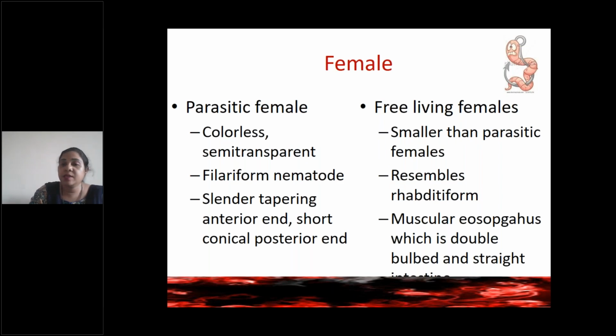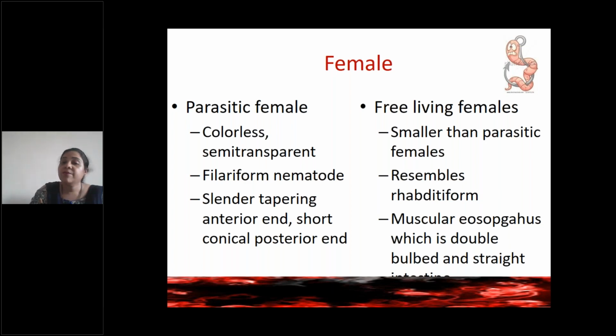Next, females. In females also, parasitic females and free-living females are present. Parasitic females are colorless, semi-transparent, and they resemble filariform larvae. Slender, tapering anterior end, sharp, conical posterior end.